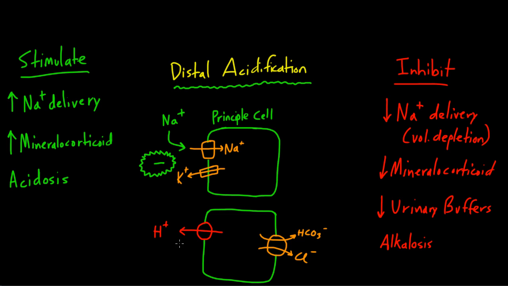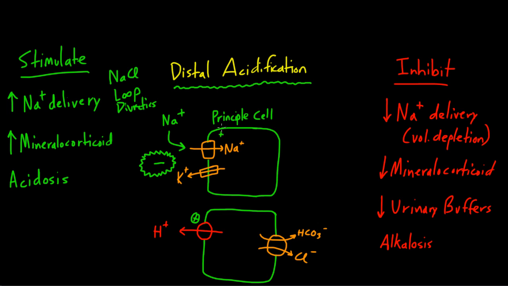So things that will stimulate acidification: if there's a lot of sodium delivery to this segment, so if there's a salt load or even exposure to loop diuretics, that will stimulate acid secretion. Also increased mineralocorticoid effects, so that will stimulate sodium reabsorption here, but it also directly stimulates the pump as well.